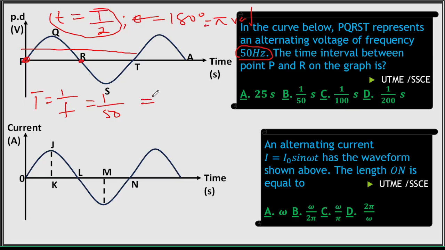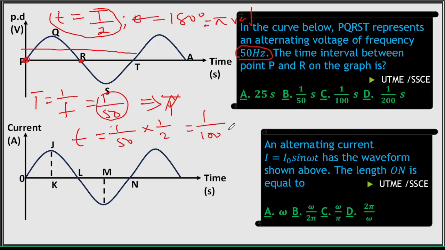So t will be period divided by 2. We know that period is 1 over 50, divided by 2, which is times 1 over 2. And that will give us 1 over 100 seconds. Did you get that? So the correct option is C.